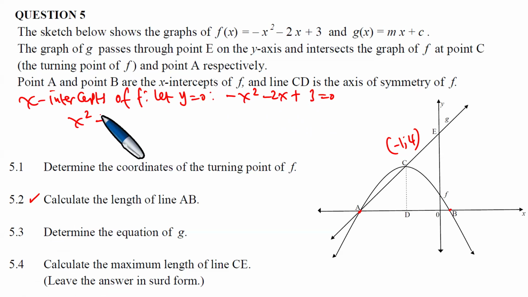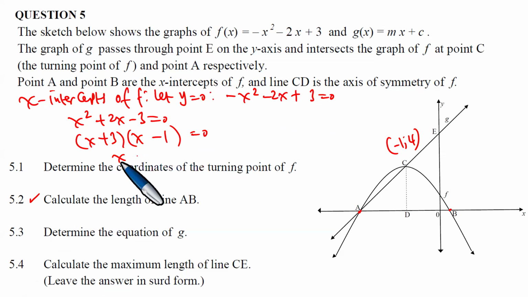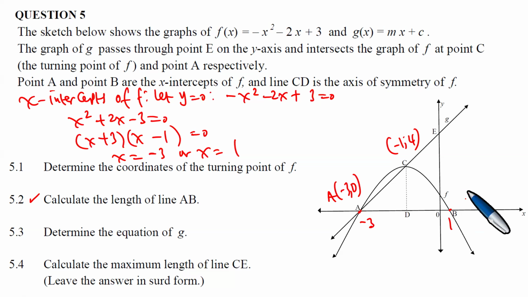And then you have x squared plus 2x minus 3 equals 0. Factorising, x plus 3 and x minus 1, which means x is minus 3 or x is 1. So the coordinates of A are minus 3, 0, and the coordinates of B are 1, 0.